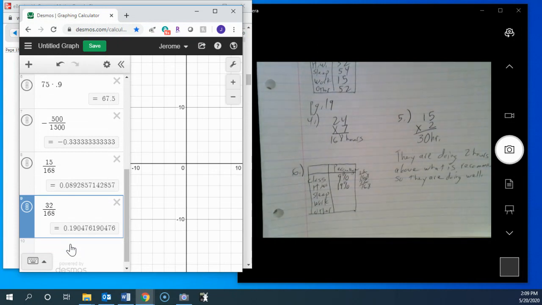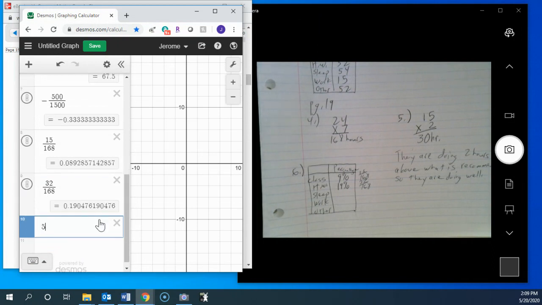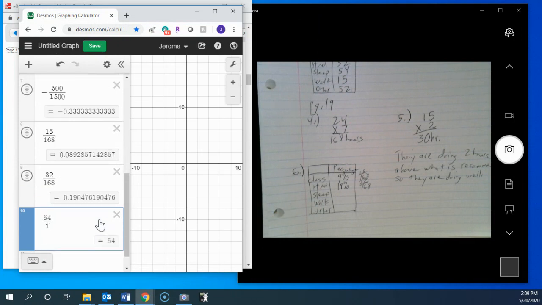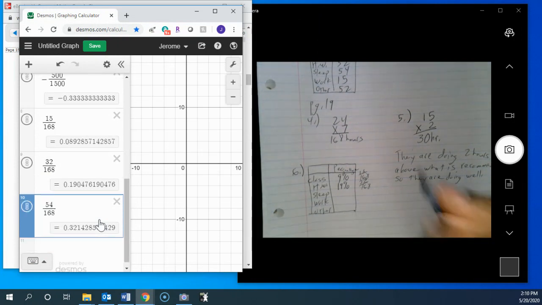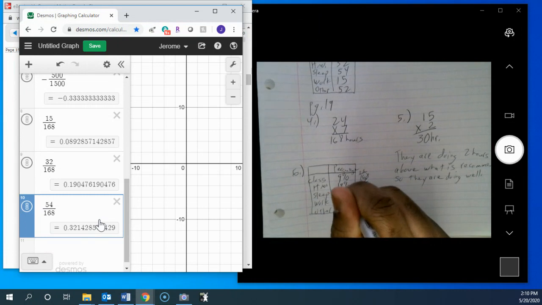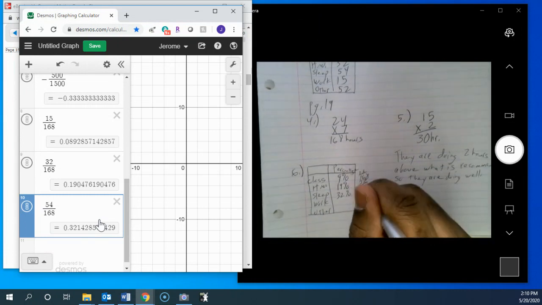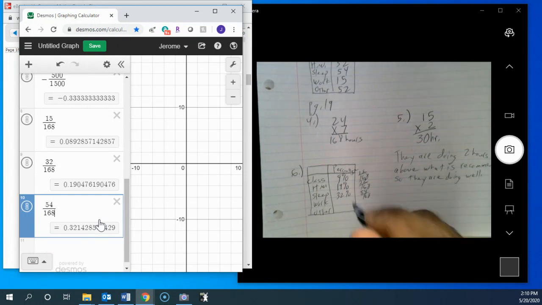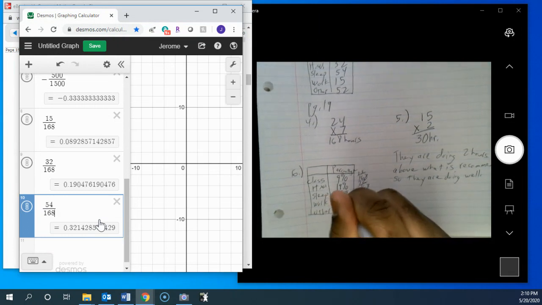Then the next value, we would take the, what's that, 54 divided by 168. Round that to 2 decimal places, it'll be 32%. And then work is what? 15 hours is the same as class. So work would be 9%.